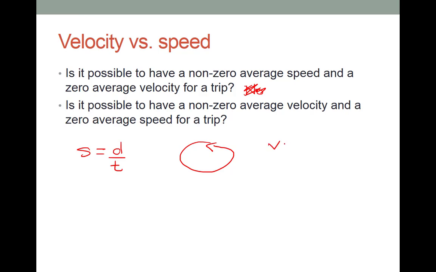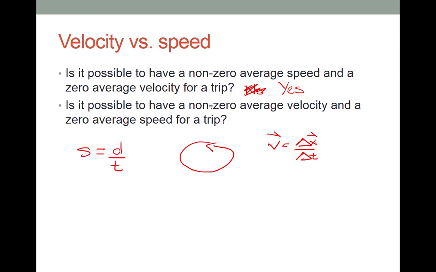That means my average velocity, delta x over delta t, will be 0 because I'm starting and stopping at the same spot. So average speed is non-zero because I've gone some distance in some time. Average velocity is 0 because I'm starting and stopping in the same location.